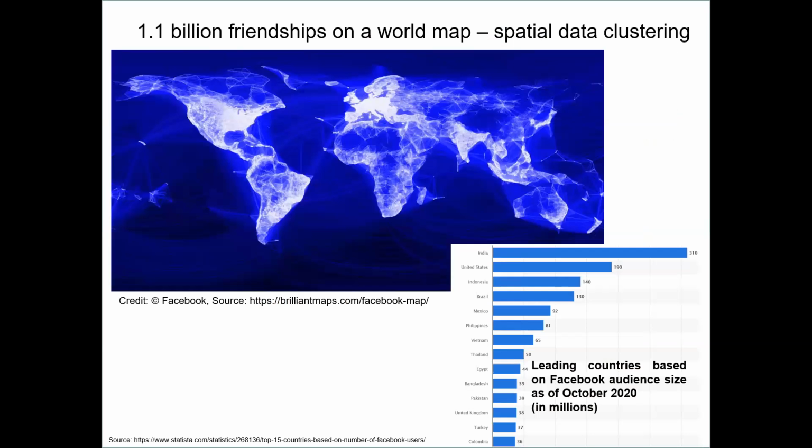Here is another example of 1.1 billion users of Facebook. Okay, so what you see on the slide are white patches against a blue background. Okay, so these white patches actually are showing the density of Facebook account holders across the globe.